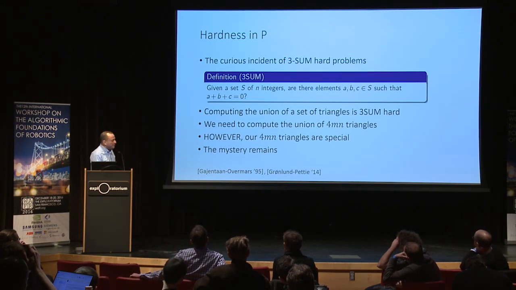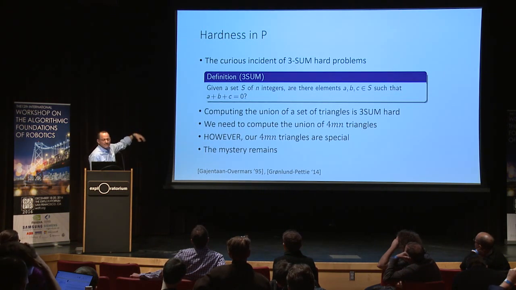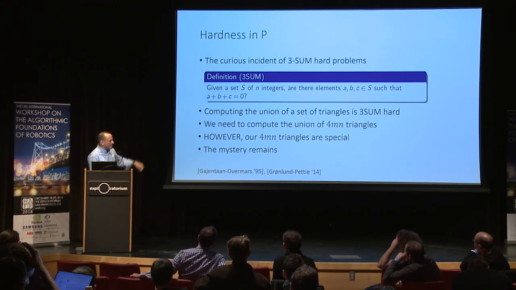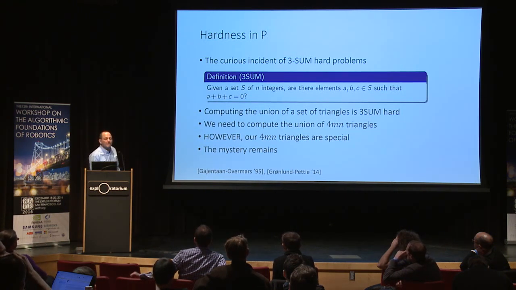Let me just update you on one thing. There's a lot of action in computer science now on this type of problems. More key problems were identified. The title is Hardness in P, or Hardness of Easy Problems. And there was a breakthrough by Grønlund and Pettie. They showed that 3SUM can be solved in subquadratic time. It's very little subquadratic.